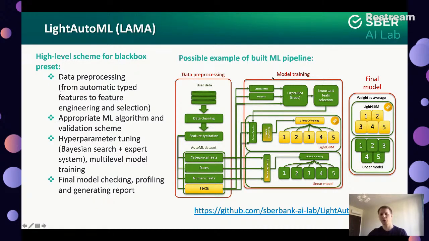But before we go to model training, we need to select some important features. In default pipelines, we have so-called garbage feature deletion or removal. So we just drop several features which didn't help the model to have good accuracy.